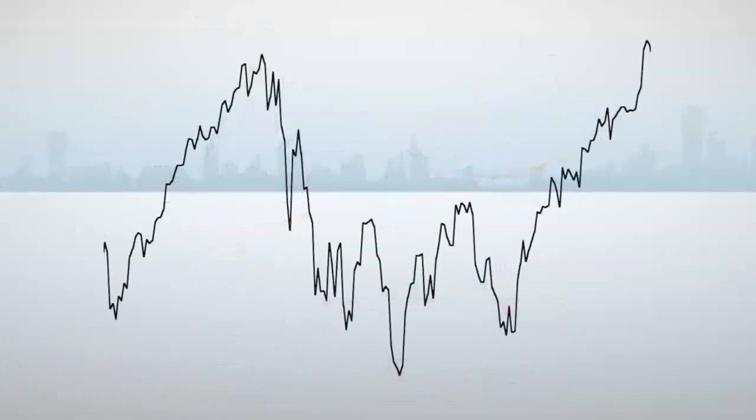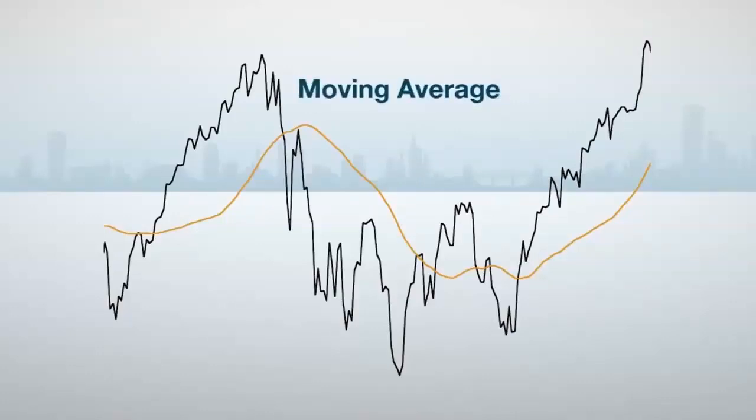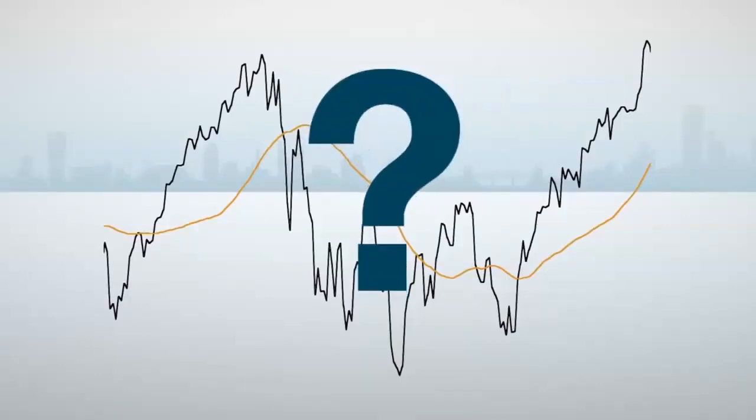One of the most common technical indicators is a moving average line. This indicator averages the stock's price over a period of time and plots it as a line, which can help determine the overall trend. Moving averages can be calculated for any period of time, but one of the most common is 50 days.